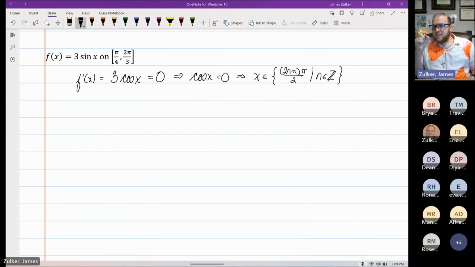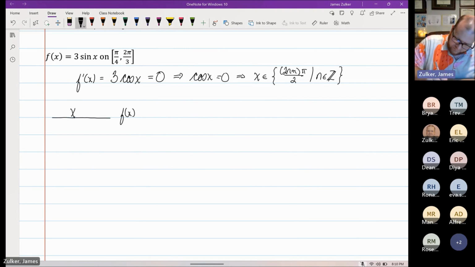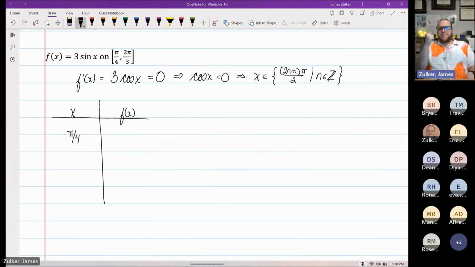We only want the values that are between pi over 4 and 2 pi over 3. And there's only one of them. It's pi over 2. All right, so again, now we test the endpoints and critical points.